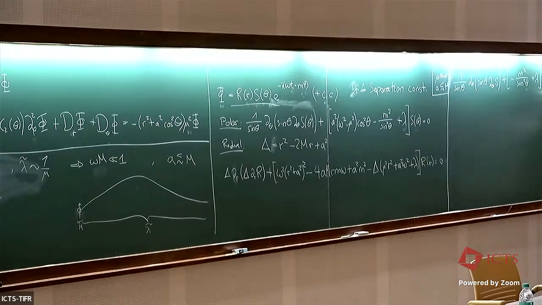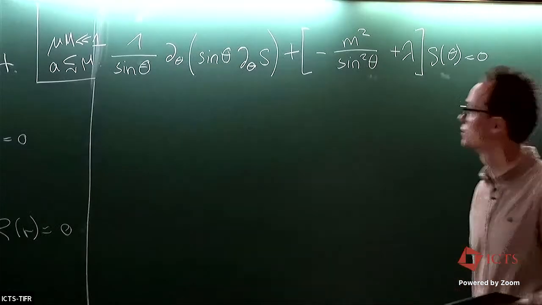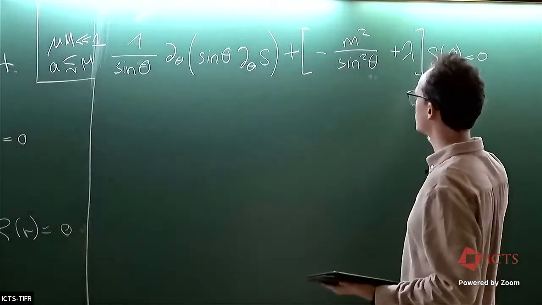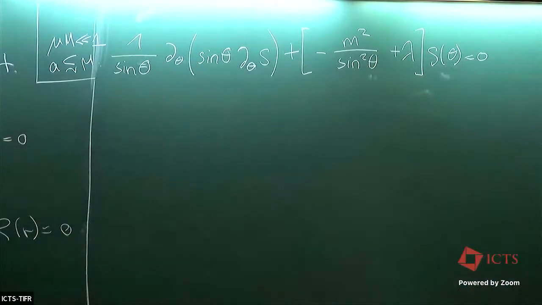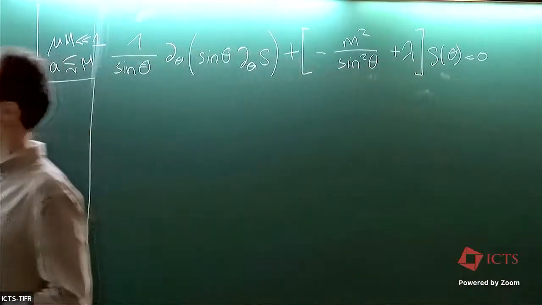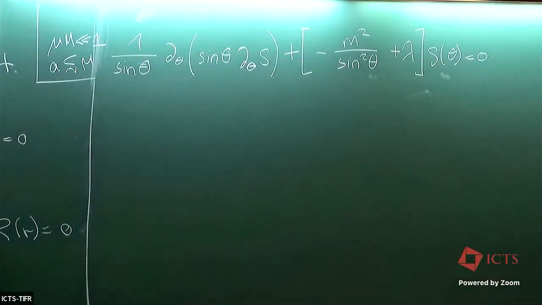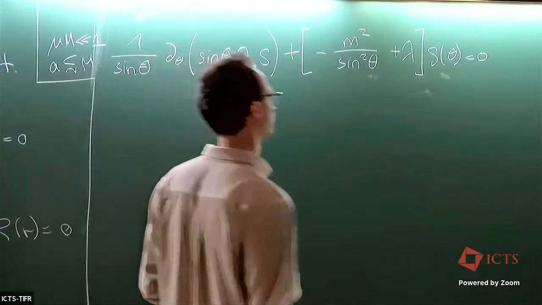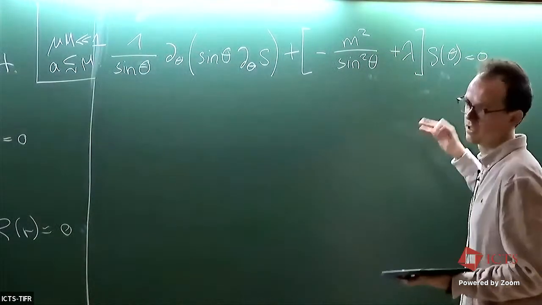Does anyone recognize this equation? That's right, associated Legendre polynomials. So the solution to this equation, in combination with this part of our ansatz, is just the spherical harmonics. The polar part is just the associated Legendre.